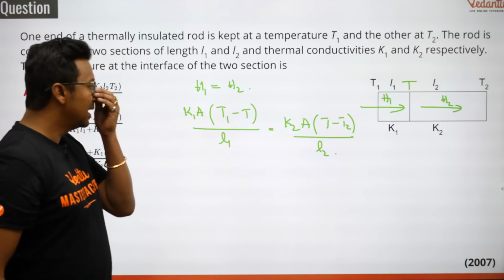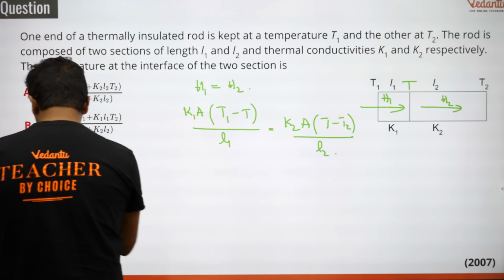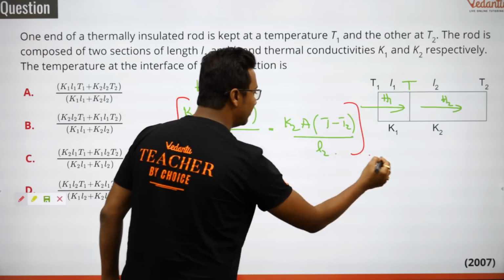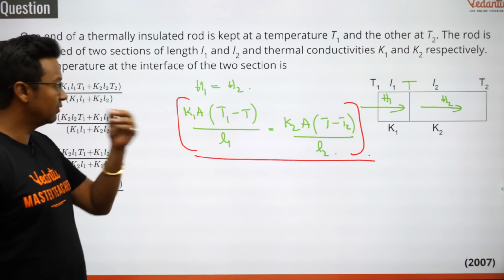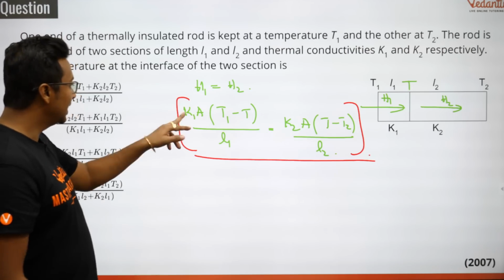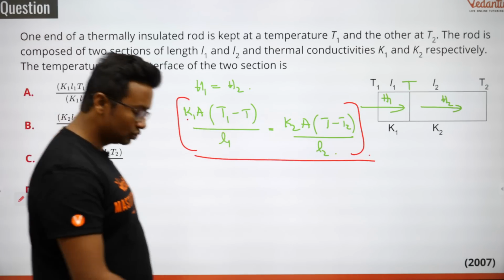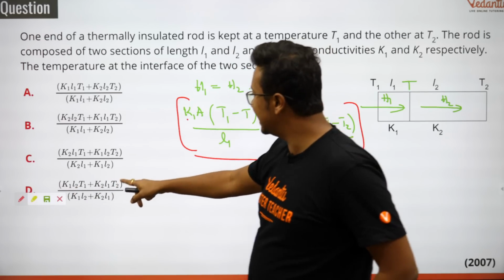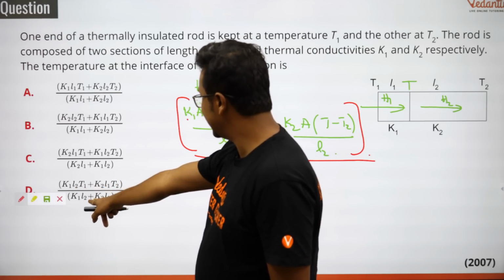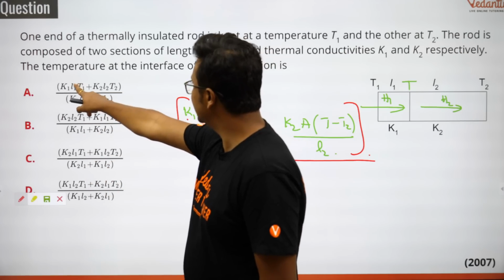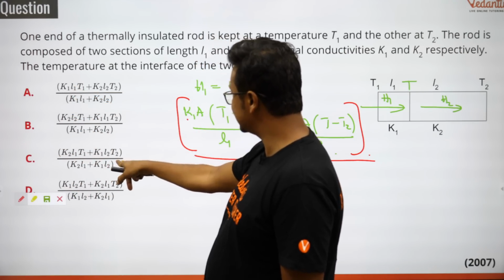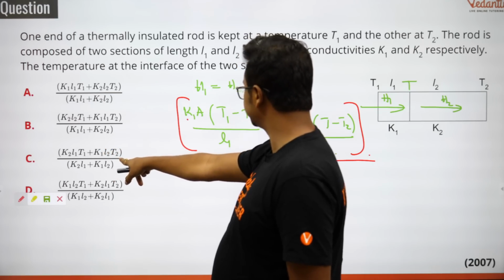Okay? If you look at this very carefully, my dear students, from this only you don't have to solve any further. See how? K1 is going to go with L2. So look at the options, where is K1 there with L2? K1 is with L2 in option D. Here, no. Here, no. Here, yes, it is out here also.